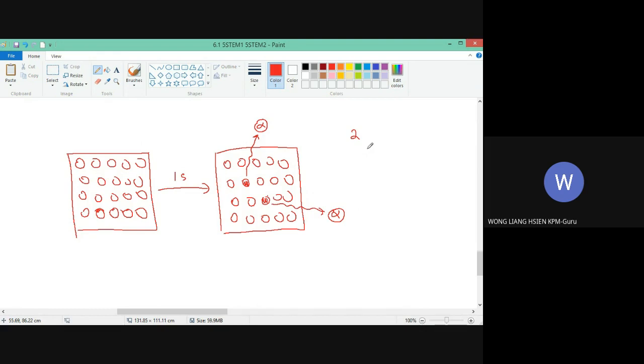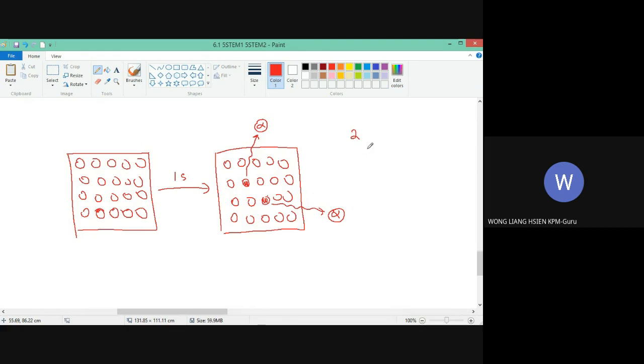Again, 2 alpha particles shoot out. Get that idea? So this is what we call the activity of the radioactive substance.